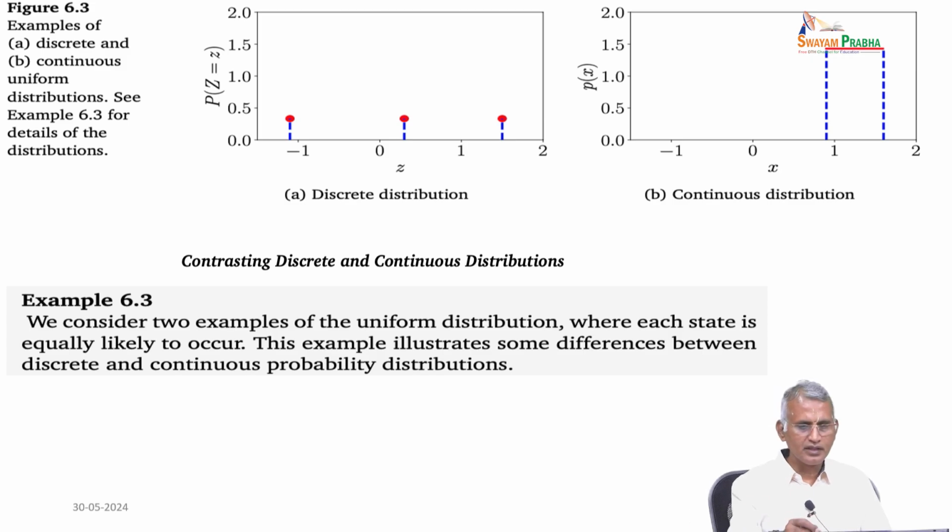Now, we have a picture. This is discrete because everything is separated: minus 1, 0, 2, and corresponding in between 0 to 1 and 1 to 2. These represent the discrete distribution, and the corresponding B represents the continuous distribution, which starts from 0.8 to 1.8 like that.